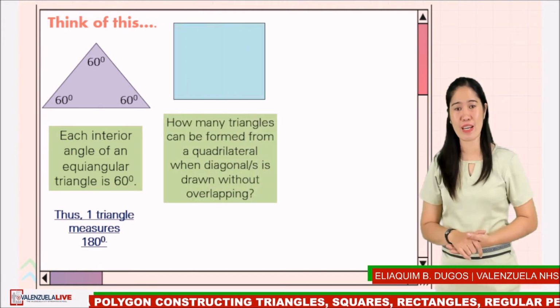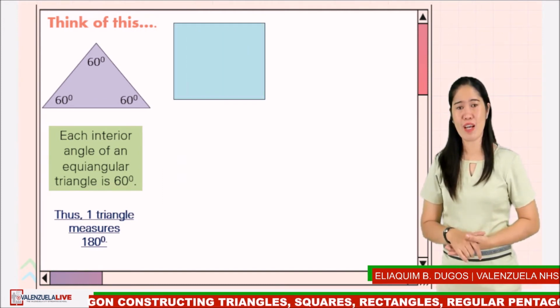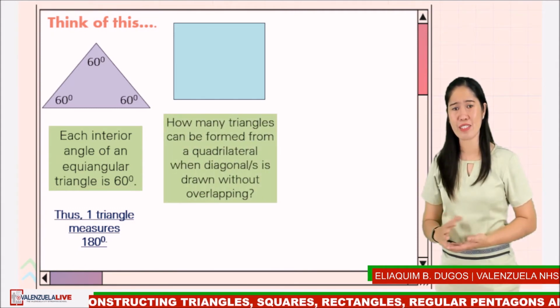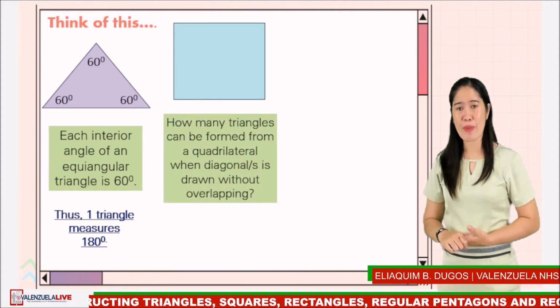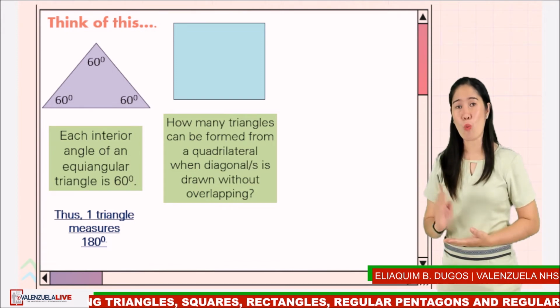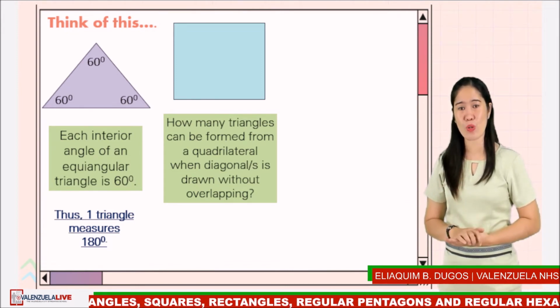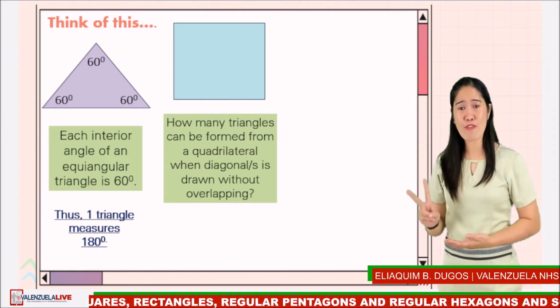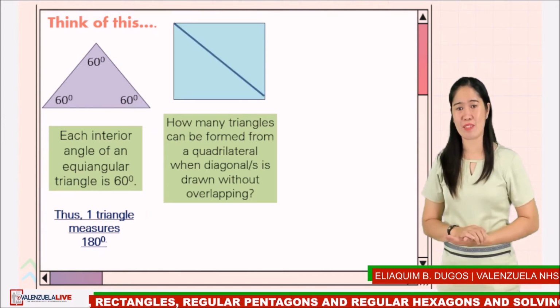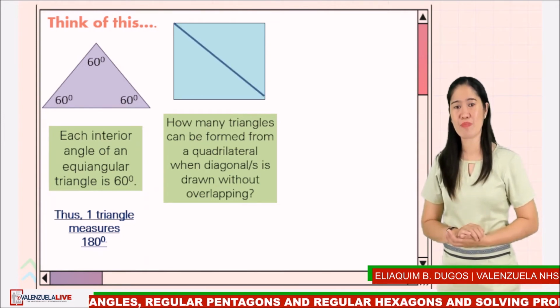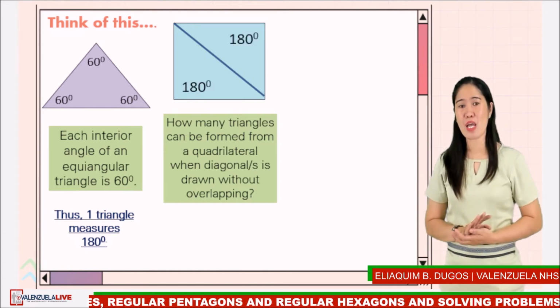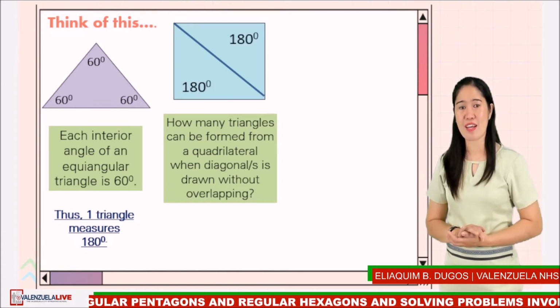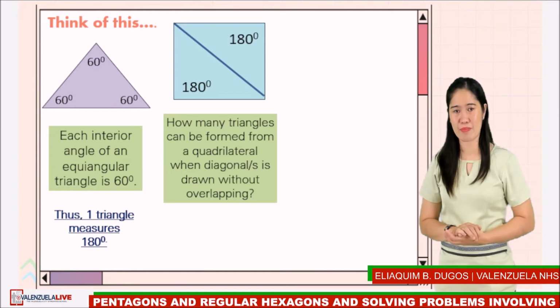is a quadrilateral. How many triangles can be formed from a quadrilateral when a diagonal is drawn without overlapping? We can form two triangles. Thus, one quadrilateral measures 360 degrees.